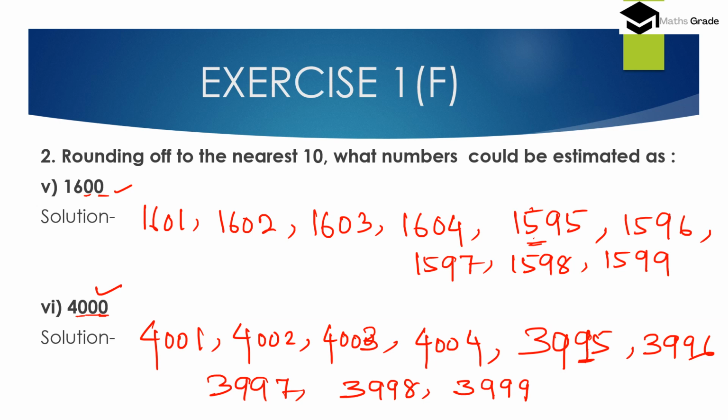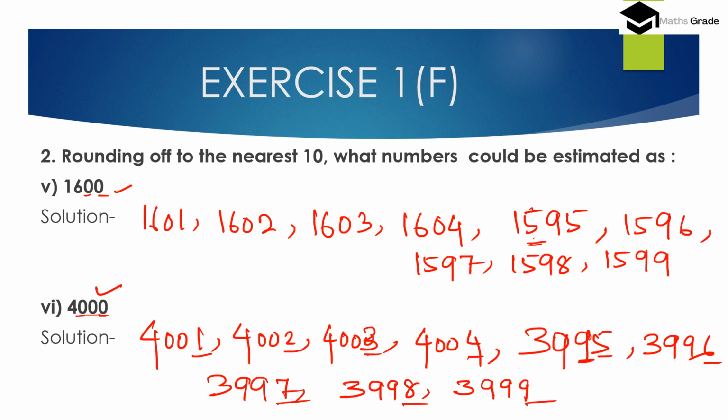Because the unit place digit is less than 5, that is 1, 2, 3 and 4, or the unit place digit is 5 or more, that is 5, 6, 7, 8, 9, we have to add 1 to this tens place digit, that is 9 plus 1 is 10.